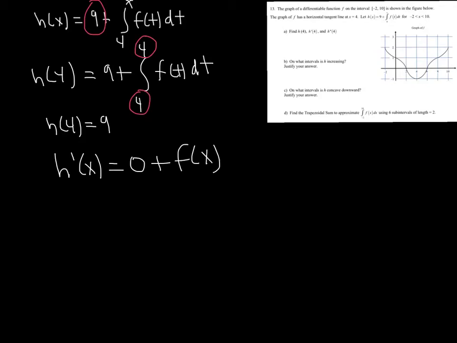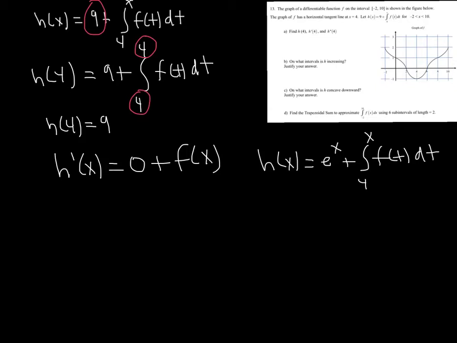Now, this is what I was going to say. Please be careful, because if we give you something other than 9, let's suppose, for the sake of argument, that we give you something like h of x equals e to the x plus the integral from 4 to x of f of t dt.